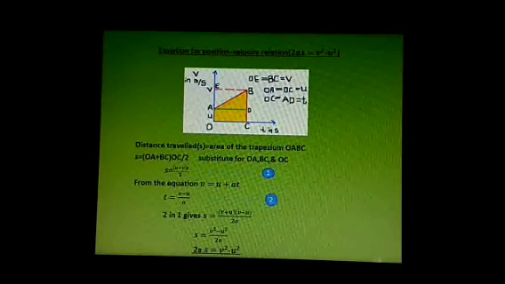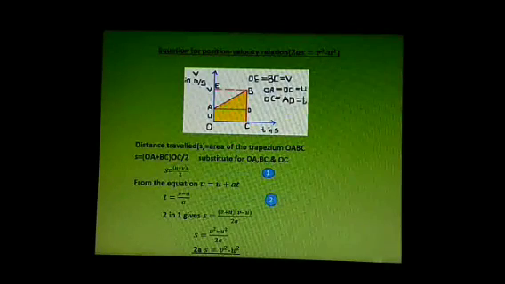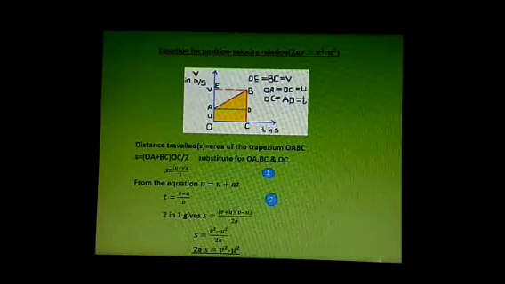So S is equal to V square minus U square divided by 2A, because according to maths, A plus B into A minus B is equal to A square minus B square. So V plus U into V minus U is equal to V square minus U square. So 2AS is equal to V square minus U square.